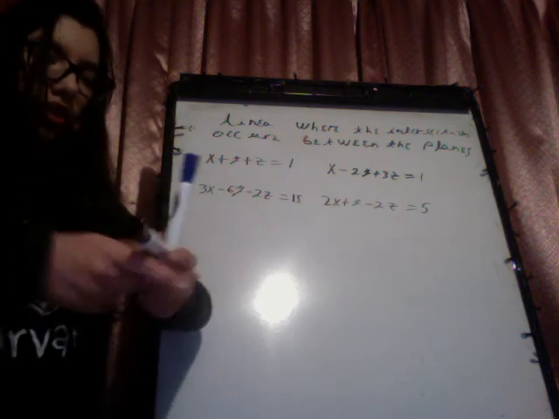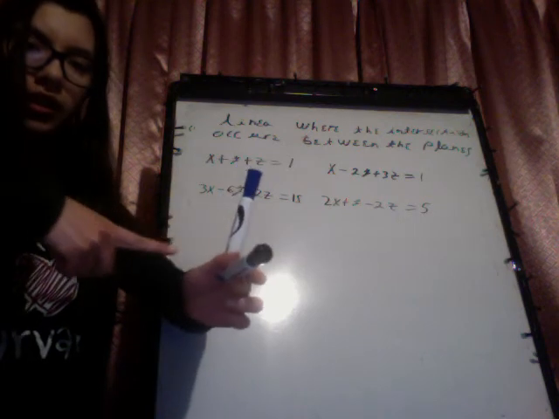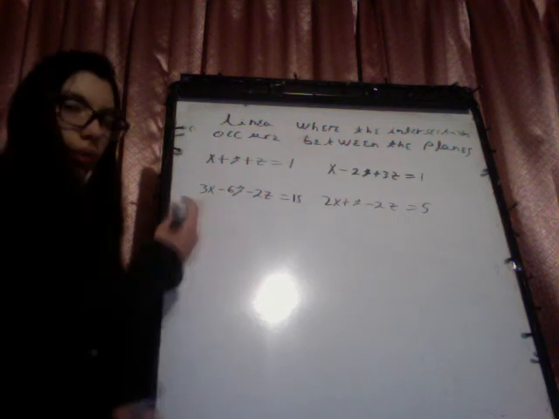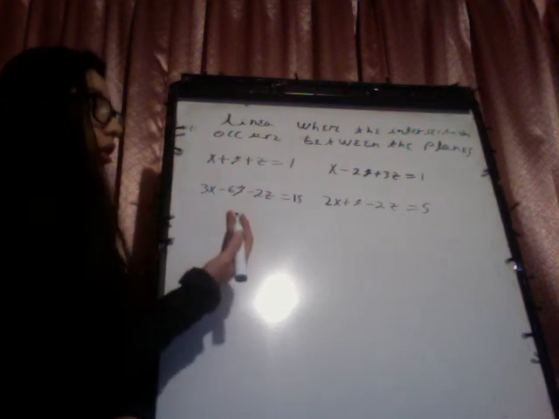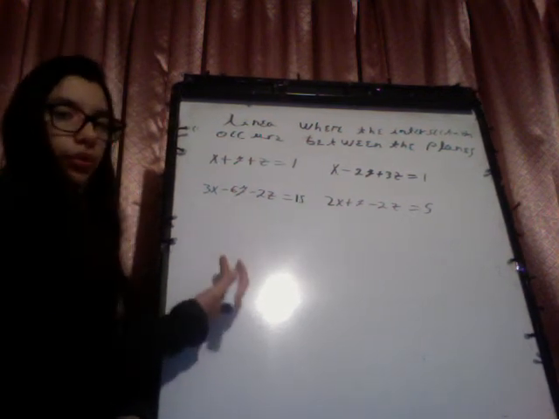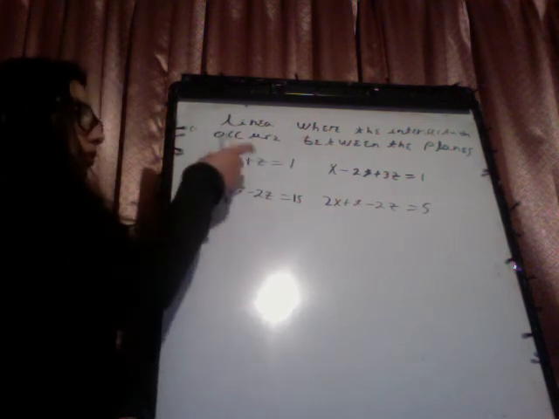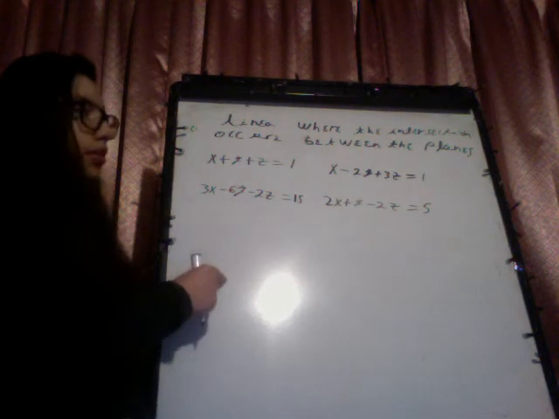So we need to find this line, the other vector perpendicular. So we need to use the cross product between the normal vectors of each plane.